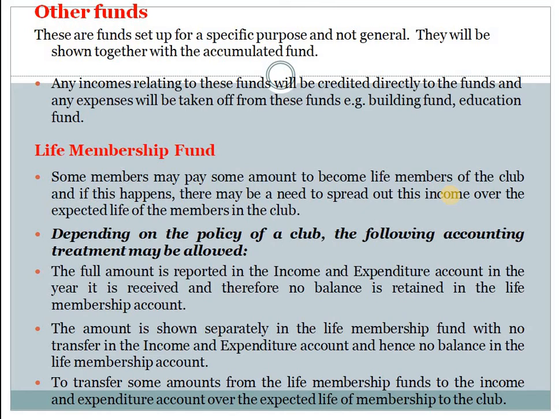The full amount is reported in the income and expenditure account in the year it is received, and therefore no balance is carried in the life membership account. The amount is shown separately in the life membership fund with no transfer to the income and expenditure account, and hence no balance in the life membership account. Or transfer some amount from the life membership fund to the income and expenditure account over the expected life of the membership to the club.